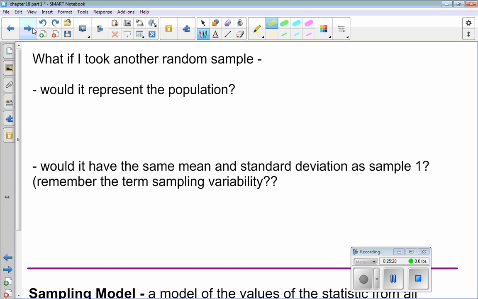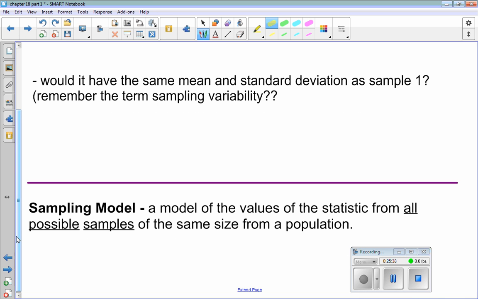And isn't that because with every sample there's variability amongst them? One sample varies from the other. Okay. So a sampling model is a model of all of the possible samples. Okay?